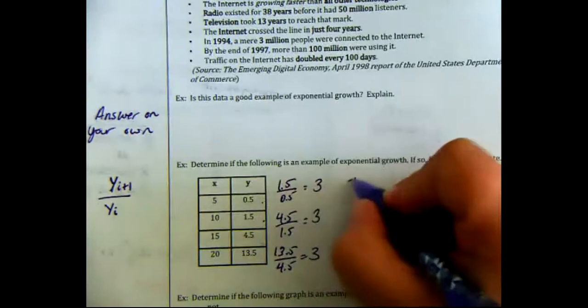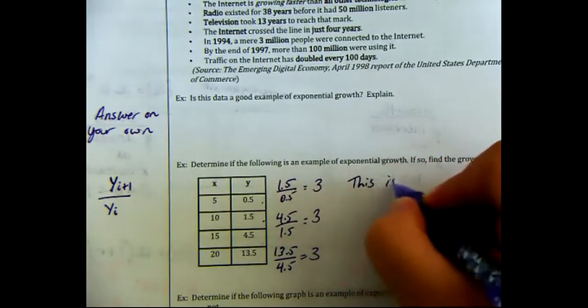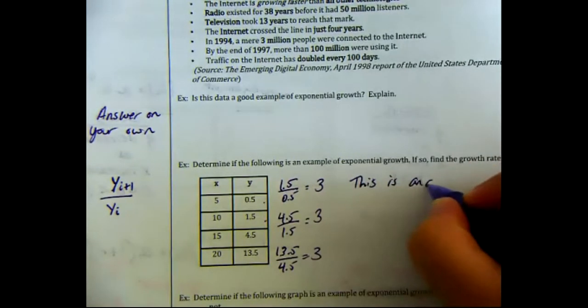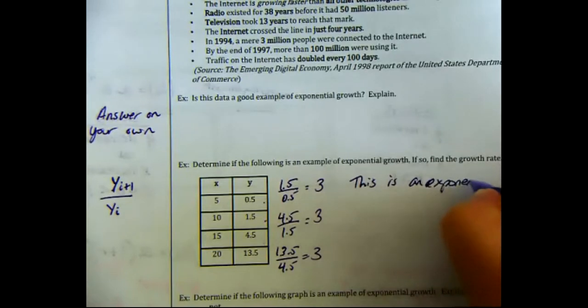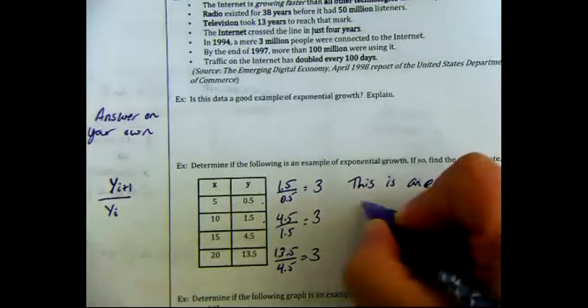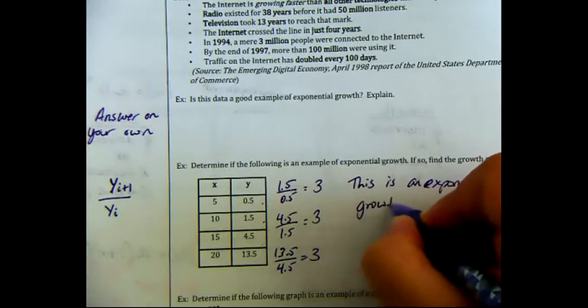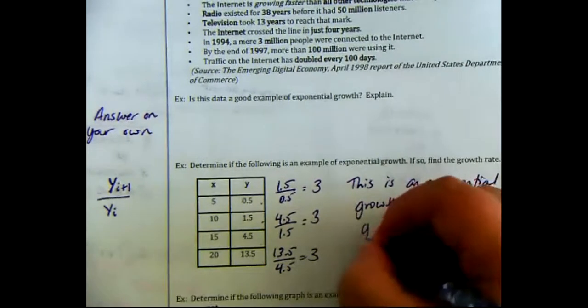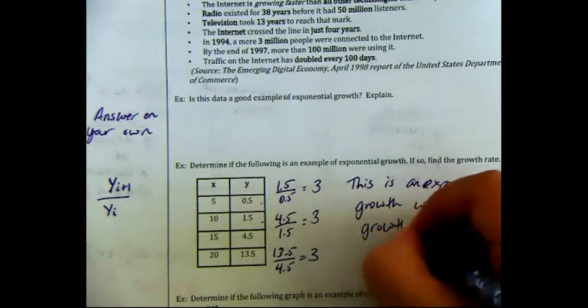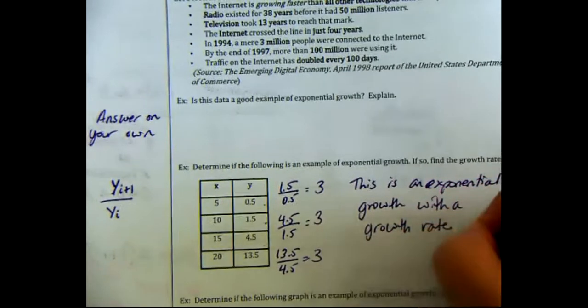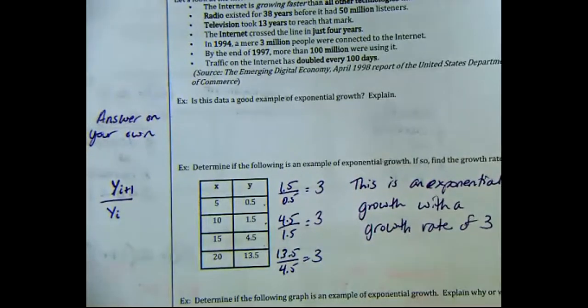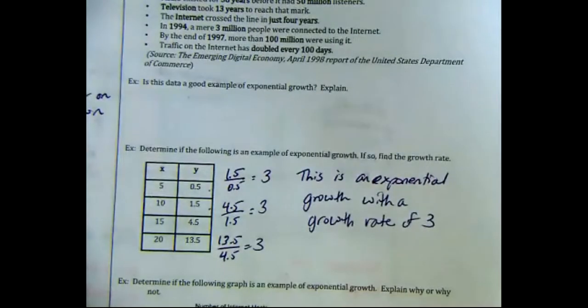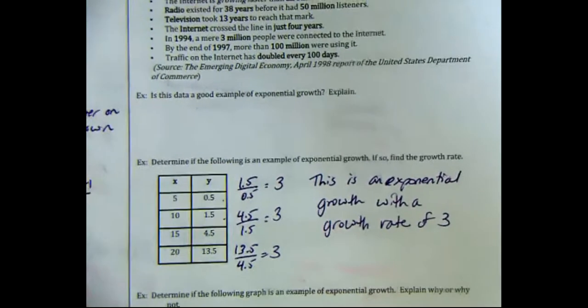Okay, so this is an exponential growth with a growth rate of 3. Okay, with a growth rate of 3.